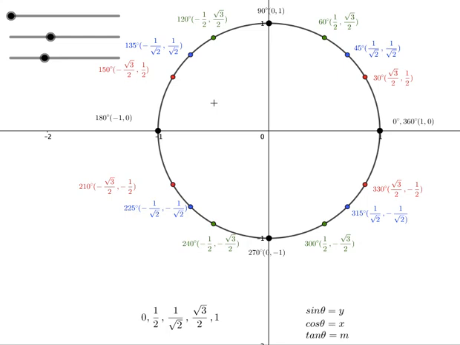The ones that I haven't talked about: what is the tangent of 90 degrees? I'm unable to draw a line with my terminal arm going from the origin to 90 degrees. But if I ask you, what is the slope of a vertical line? It should be undefined.